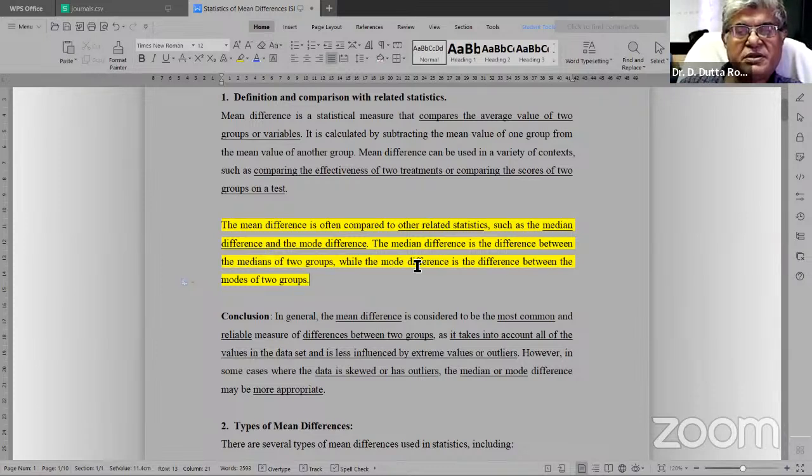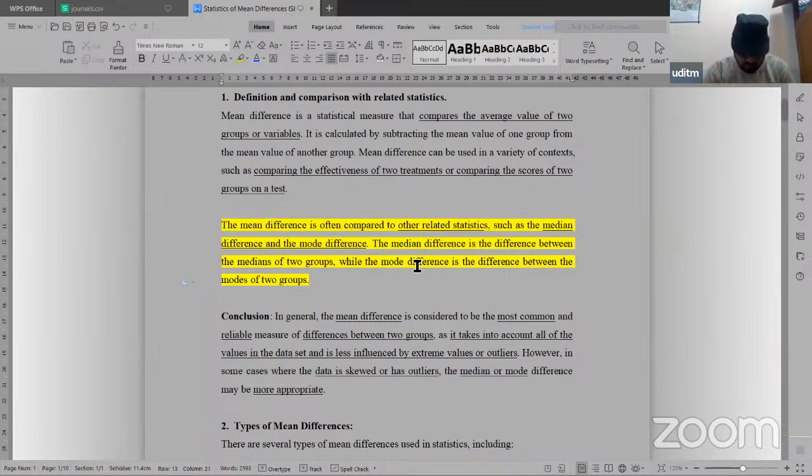We are comparing two groups, and these two groups are basically categorical groups. The independent variable should be categorical, and the dependent variable will be metric. That assumption should be mentioned in the first paragraph. Okay, sir, I will edit.